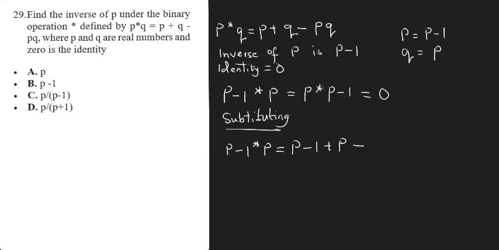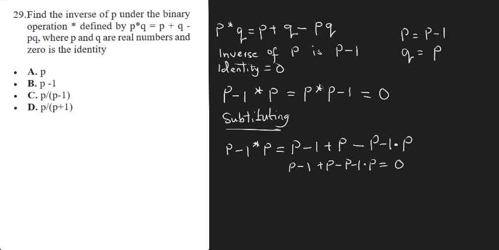So it's going to be P minus 1, then we have Q multiplying, you can put a dot here, P. So now we're going to equate this equation to the identity, which is 0. So we're going to have P minus 1 plus P minus P minus 1 dot P equated to 0.